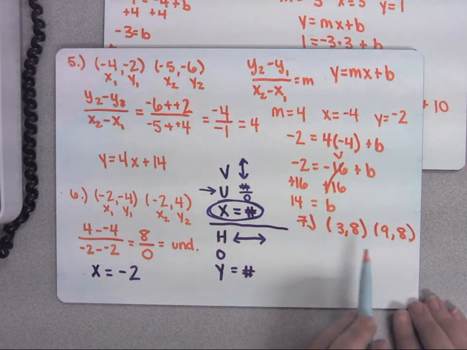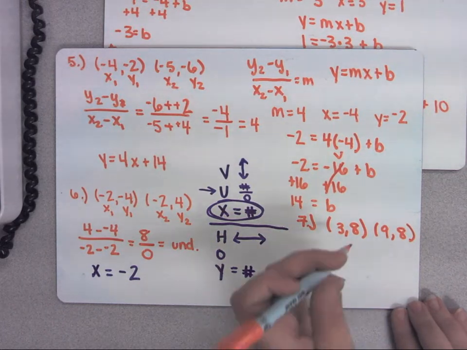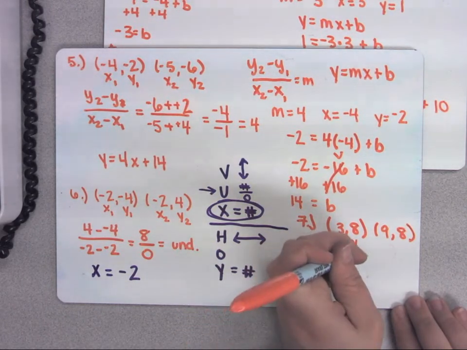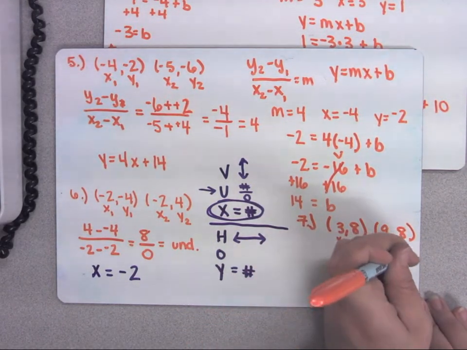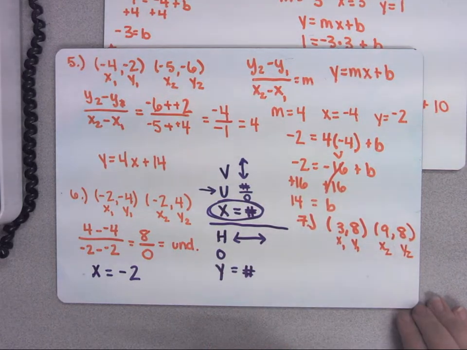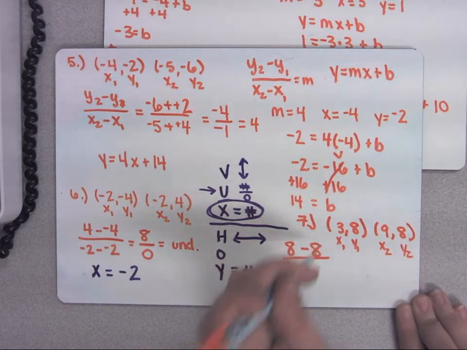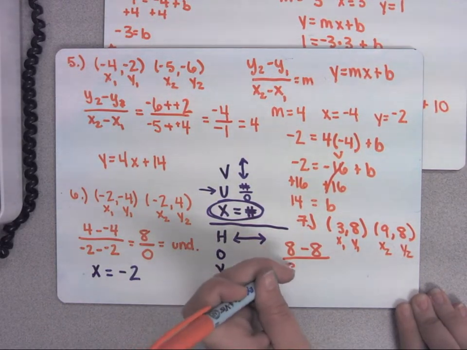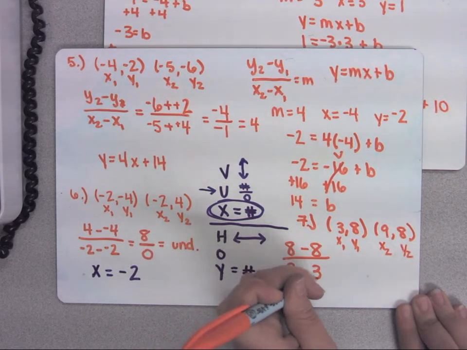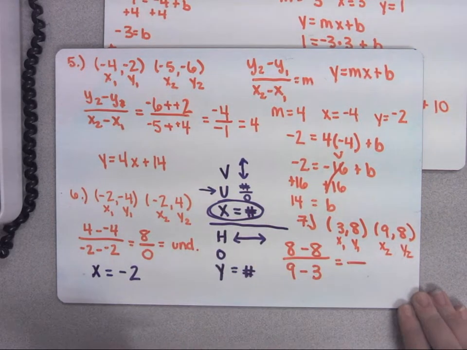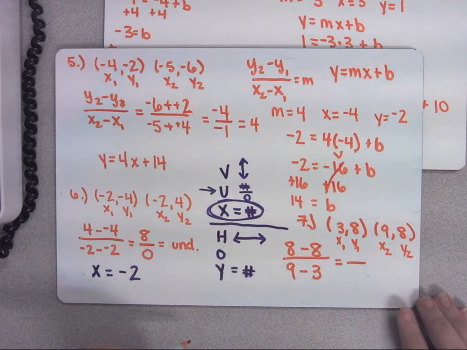Given 2 points, find the slope. Y sub 2 minus y sub 1, over x sub 2 minus x sub 1. What's my fraction answer going to be?